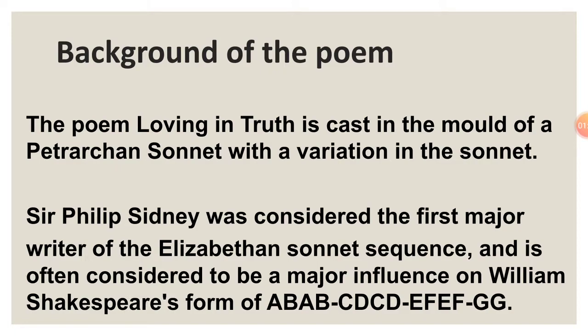Okay, so you can see there that the first 8 lines or octave is telling us how the poet is struggling to write a poem of love, and in the sestet the first 4 lines are telling us the poet's futile attempt or his failure in his attempt, and the last 2 lines, that is the couplet, have come up with the ultimate realization of the poem or the revelation, you can say.